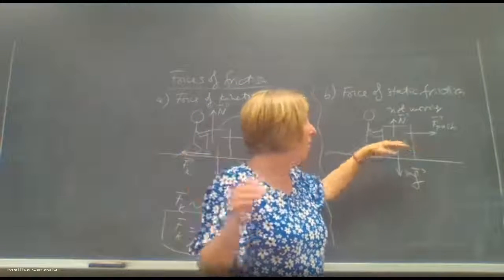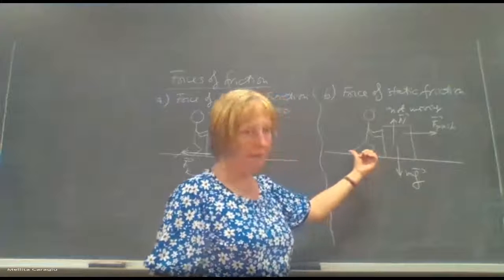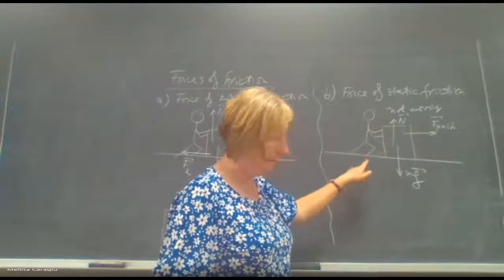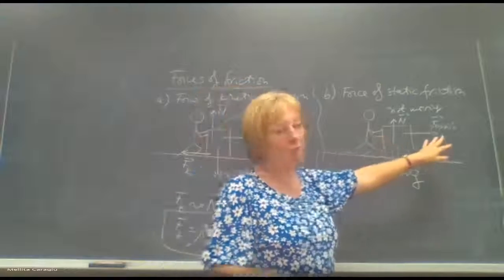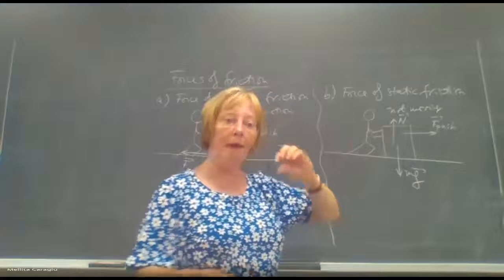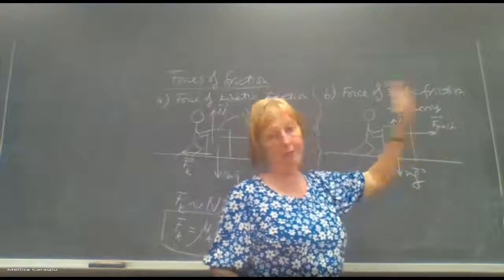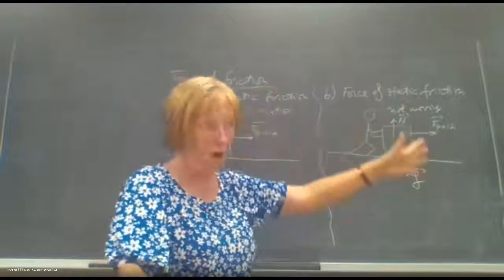But also the pushing force has to be equilibrated by something, because if it is not equilibrated by anything, according to Newton's second law, F push would equal mass times acceleration along x, and the object would have an acceleration along x and would just go.